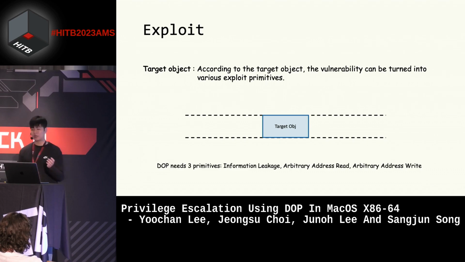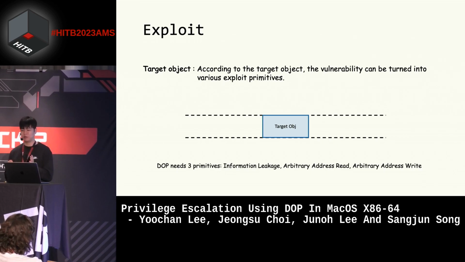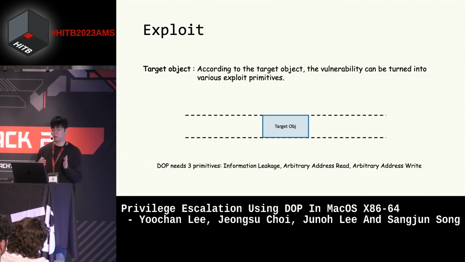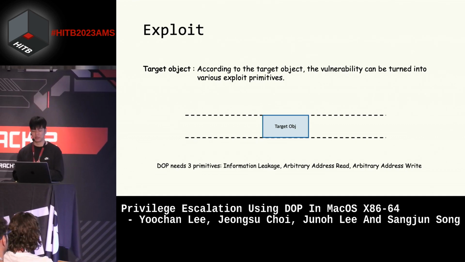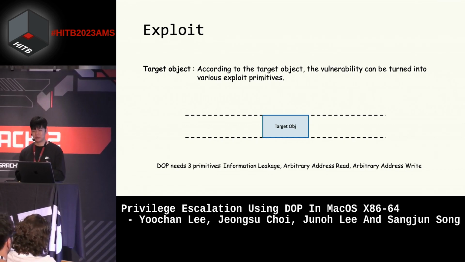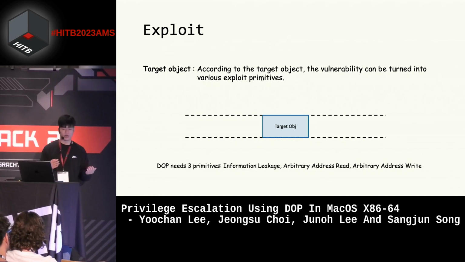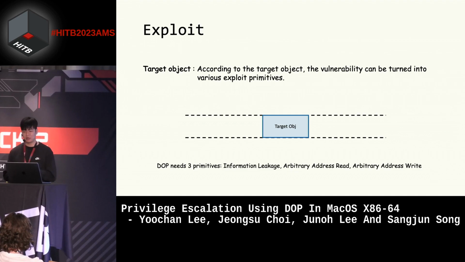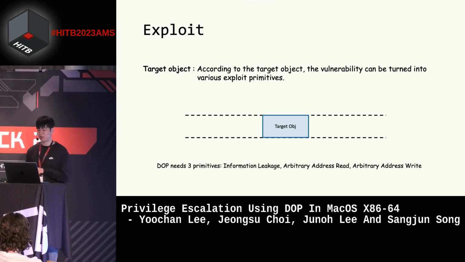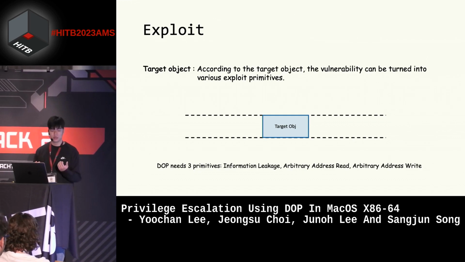According to which target object is used, the various exploitations can be triggered. Therefore, finding a suitable target object is very challenging and important. As a side note, there is no work that tries to find a specific type of target object. Maybe the famous hackers memorize target objects or have a method to find a suitable target object.